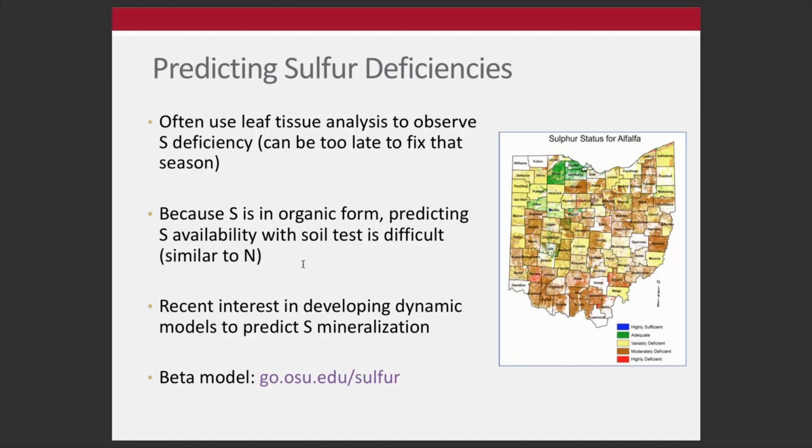I was involved in a project thinking about the various ways that we actually assess sulfur deficiency. We can often use leaf tissue analysis to observe a deficiency, but it's often too late to fix for that given season. So it can be a diagnostic tool, but when we get into tissue testing, it's always, is it too late to fix it, right?